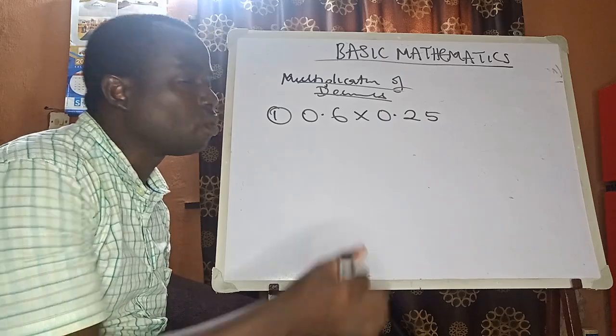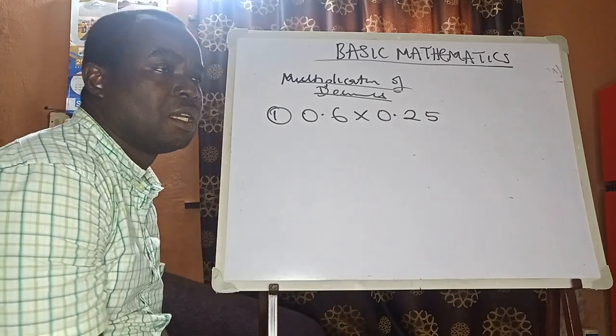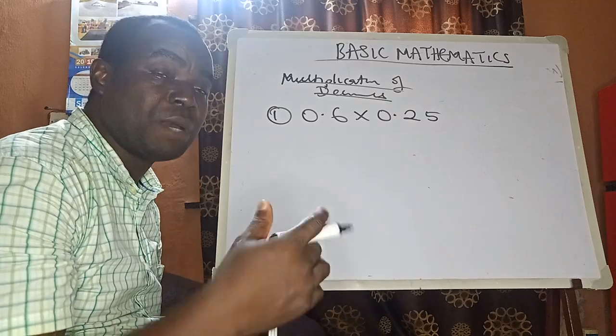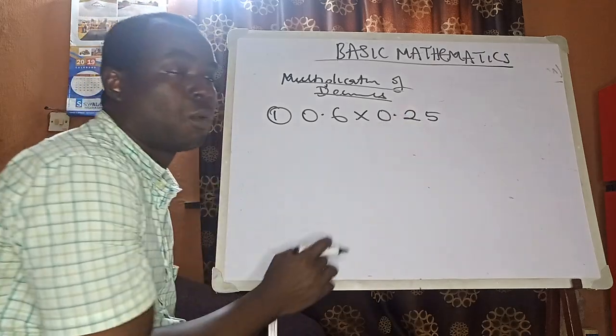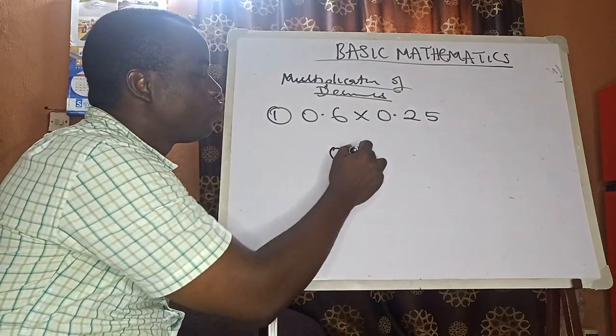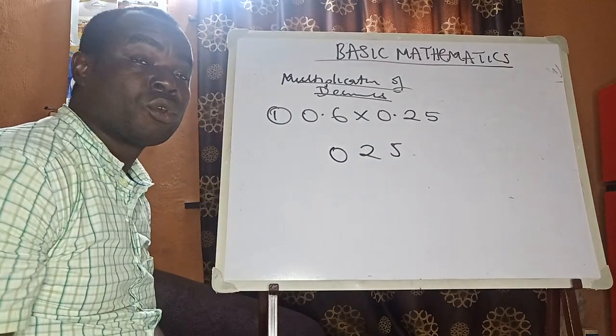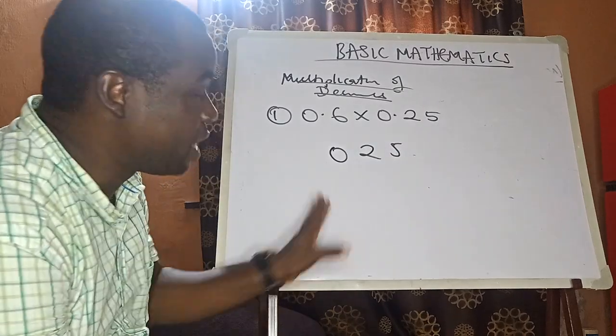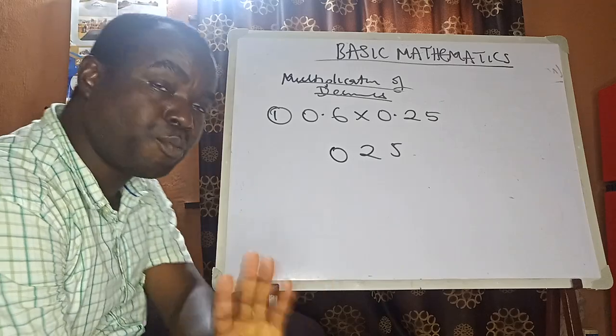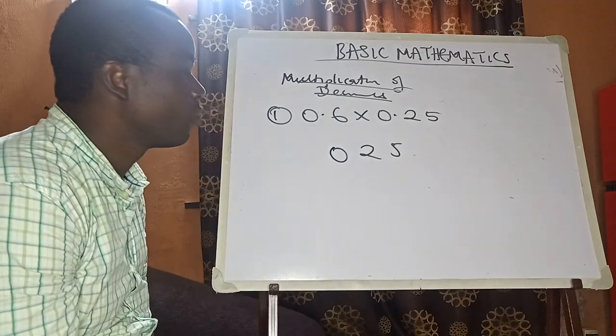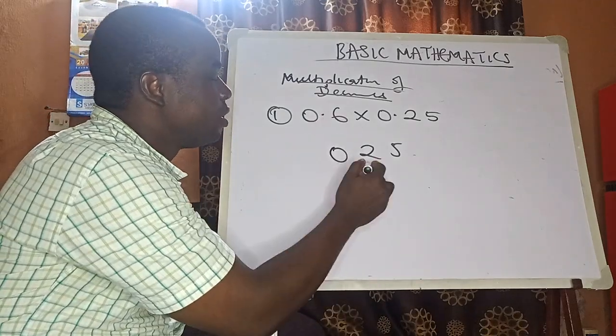It's better you start from the longer one. So I have 0.25. You don't put decimal points when you are multiplying. Just write it like that. We now have 0.6.